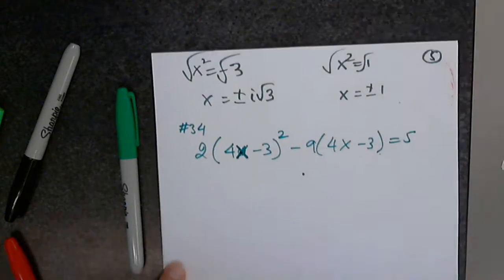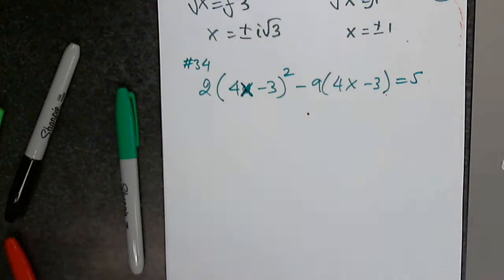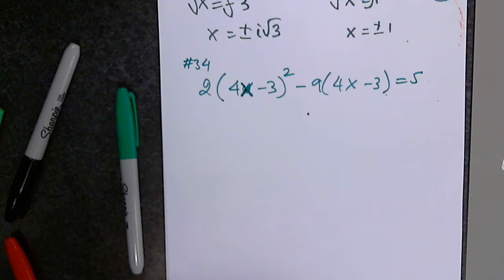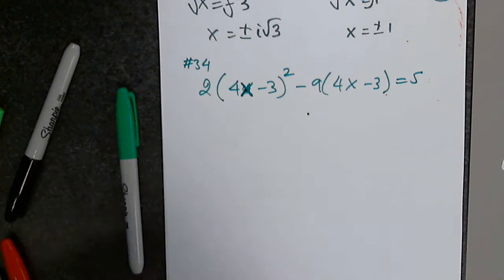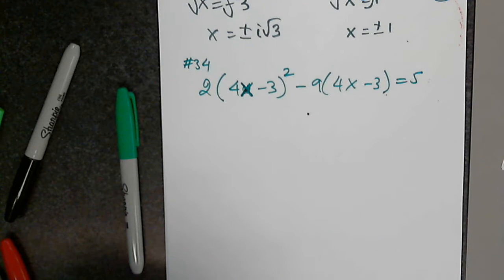Do you see anything? By simply looking, don't touch, don't do anything, just look at this equation and say, okay, I figure out a substitution here. What substitution will you use? Which quantity will you substitute for?